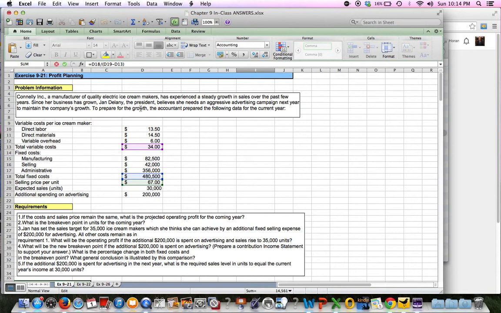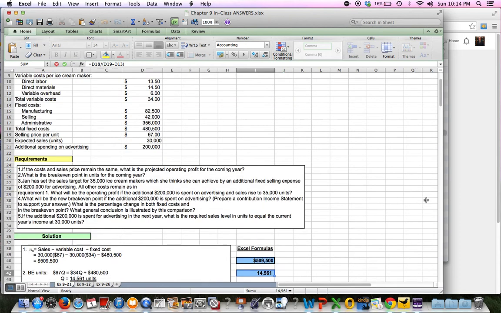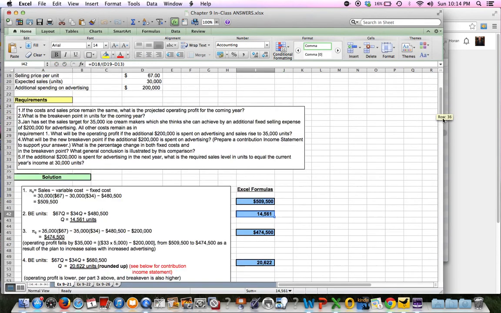And the answer is basically my sales price of 67 minus my variable cost of 34. So it's basically $33 is my contribution every time I sell a product. I've got $33 worth of contribution margin to pay for my fixed cost. And so it turns out to be the fixed cost of $480,500 divided by 33, and I get the answer, which is 14,561. So if I sell that many units, I break even.